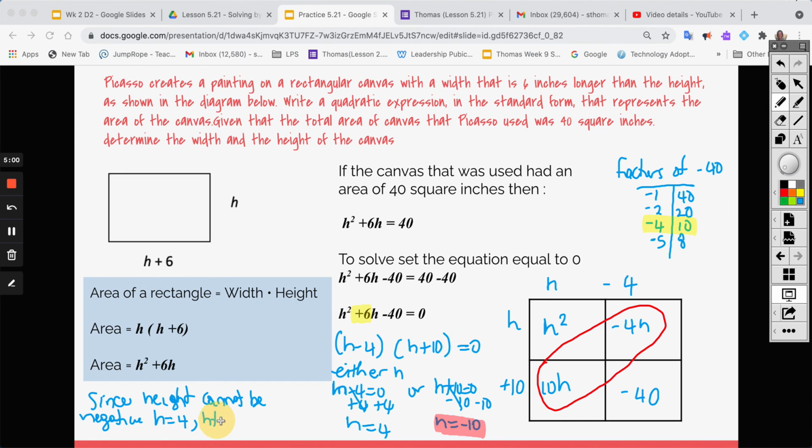And then h plus 6 is going to be 4 plus 6, which is equal to 10. So the height is equal to 4, and the width is equal to 10, and there we have our solution.